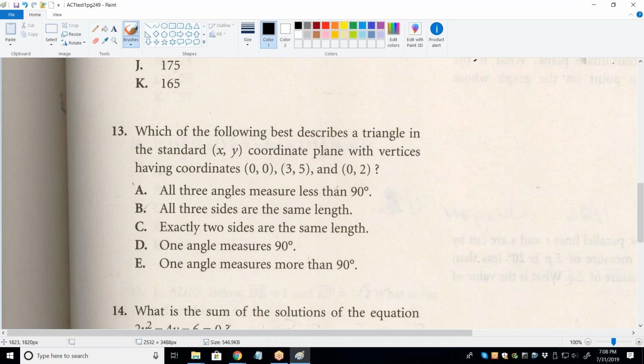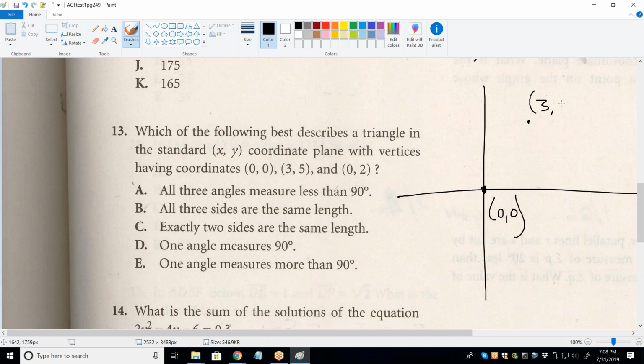Yeah, always. If you don't know how to do a problem and it gives you something like this, just draw it. Now what? Okay, here's 1 point, 0, 0. Here's another point, 3, 5.